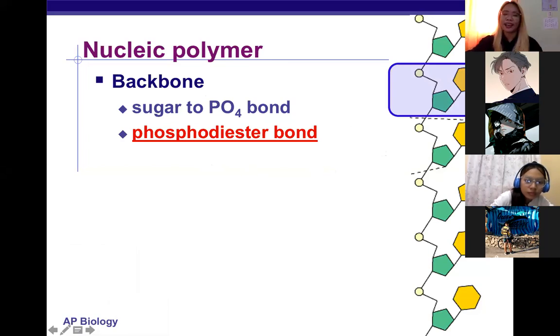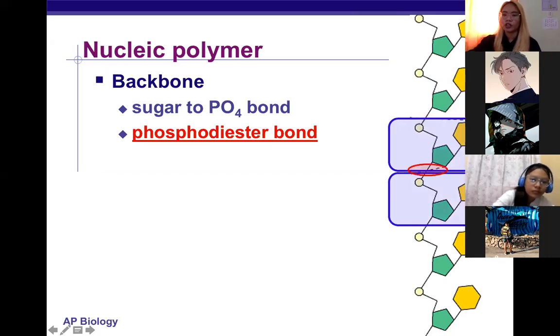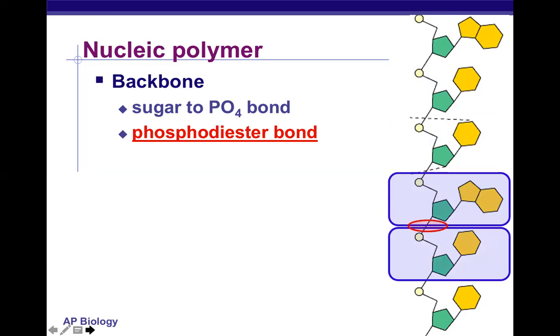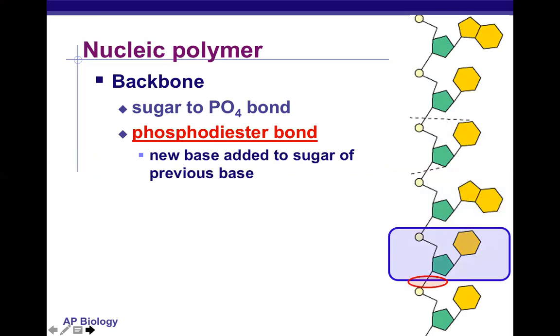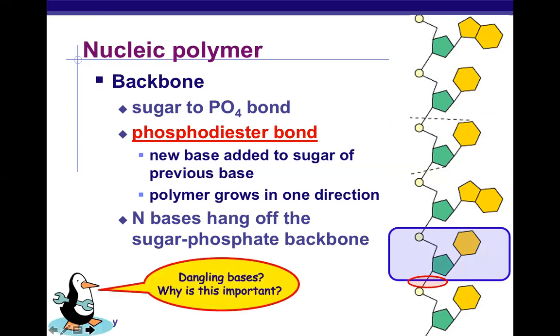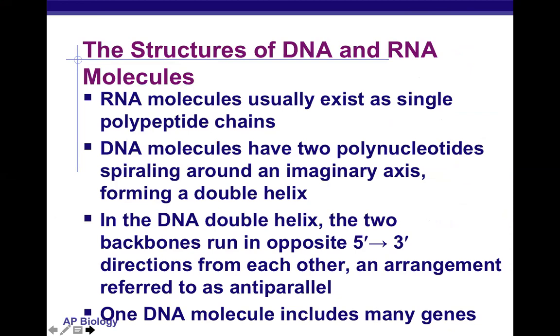So yung part na yan is formed by what we call as phosphodiester bond. Okay? So ayan, yung linkage between the phosphate and the sugar. Okay? And then of course, we have what we call as the nitrogenous bases.